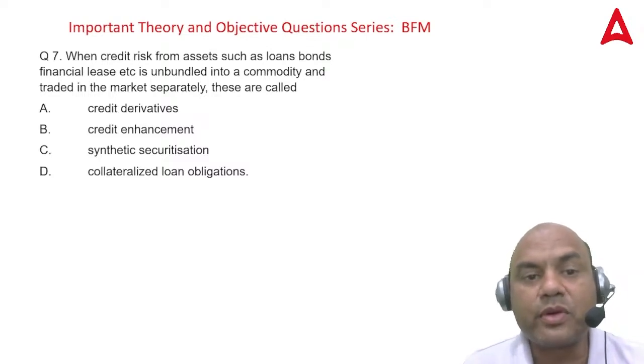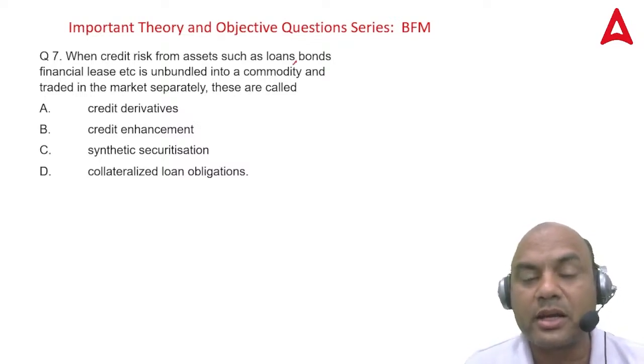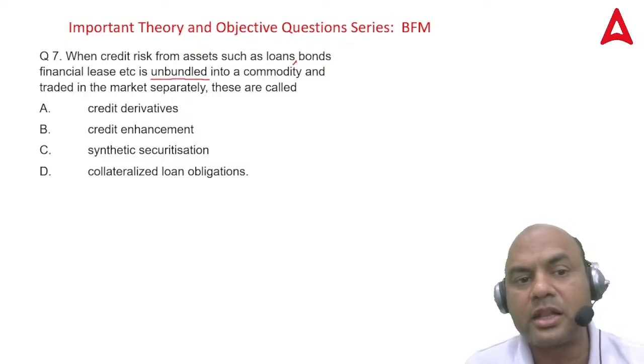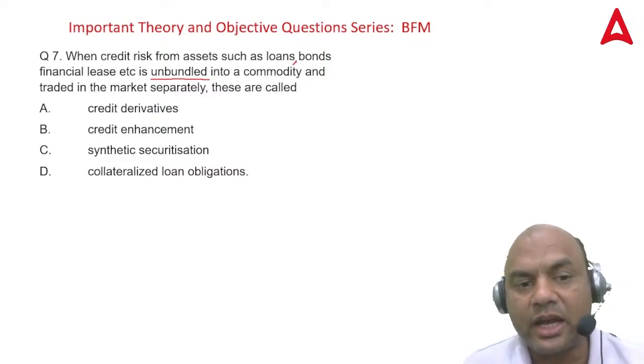So when the credit risk from assets such as loans, bonds, finances is unbundled into commodity and traded in the market, it is called as what? Credit derivatives, credit enhancement, synthetic securitization, or collateralized loan obligation.